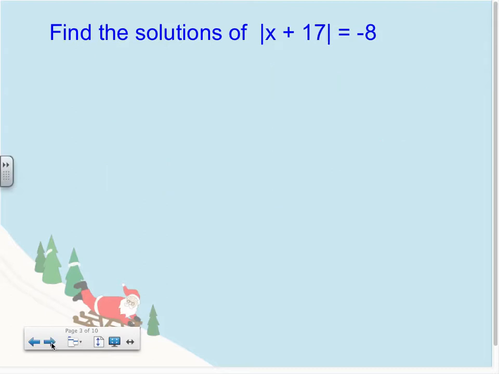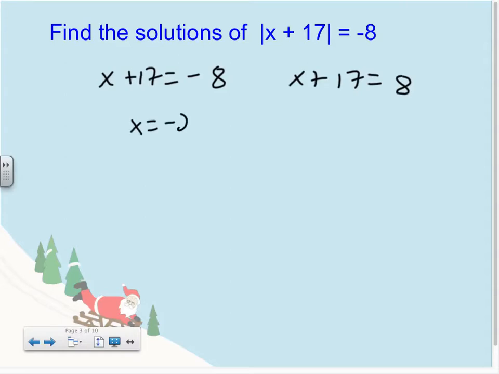Another example. This one is the tiniest bit different. We'll see we have the absolute value of x plus 17 equals negative 8. Maybe x plus 17 equals 8. When we solve this, we'll get x is negative 25 and x is negative 9. The issue we have here is that if you check these by plugging them back in to the original, you'll see that neither of them work.